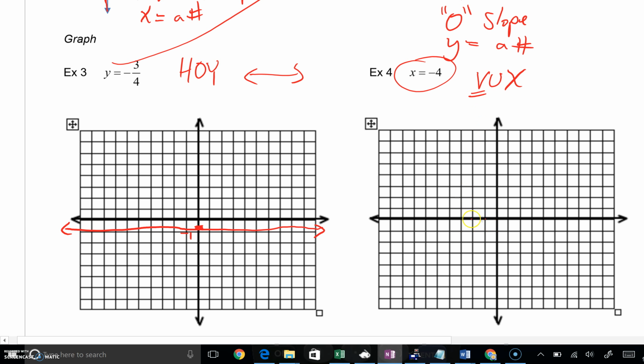So you can see 1, 2, 3, 4. This is the X coordinate of negative 4. But we're going to have a line that goes straight up and down. Every X coordinate on this line is going to be negative 4. Of course, you can have Y values going all over the place. Okay, so that wraps up our lesson for 2.4a.